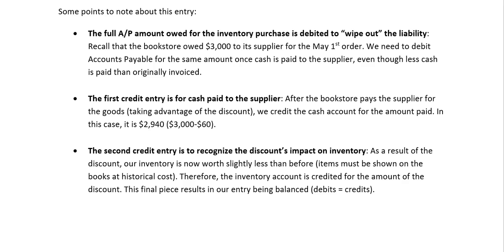The second credit entry is to recognize the discount's impact on inventory. As a result of our discount, our inventory is now worth slightly less than before. So items must be shown on the books at historical cost, as we talked about. Therefore, the inventory account is credited for the amount of the discount. This final piece results in our entry being balanced, debits equal credits.